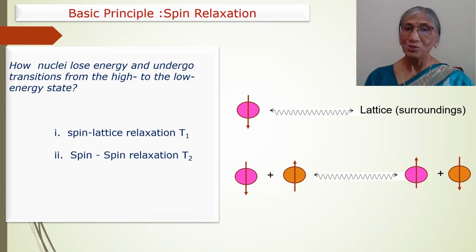So in one process, the nucleus releases its energy equal to delta E to the surrounding solvent molecules, and in the other, spin-spin relaxation, the nucleus in the higher energy state loses its energy equal to delta E, the energy difference between the two energy levels, to the nucleus in the low energy state, and the nucleus which gains energy flips to the higher energy state.